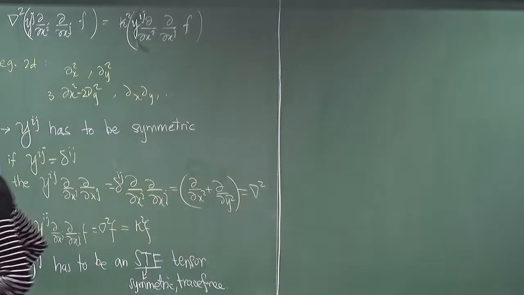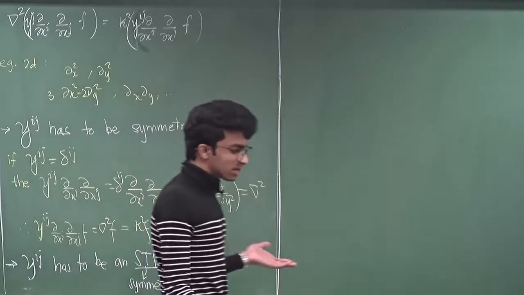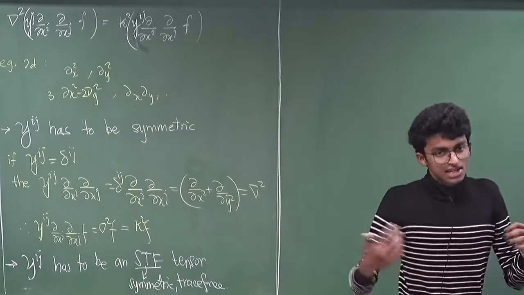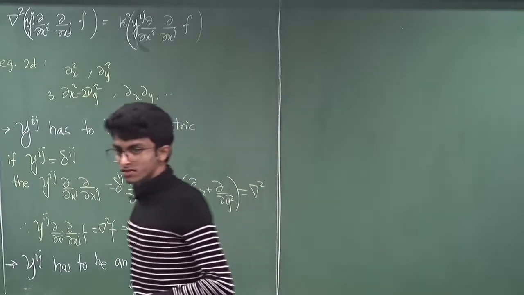Okay. So what we have learnt at the level of two derivatives, level equal to 2, is that you have to basically take Yij del xi del xj, but Yij has to be symmetric trace-free.